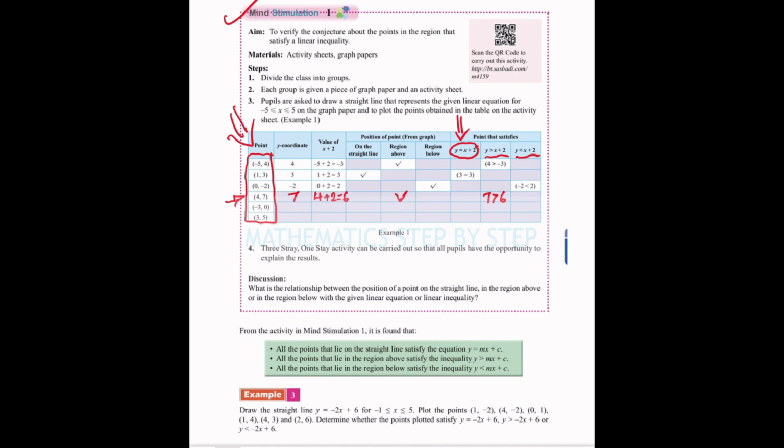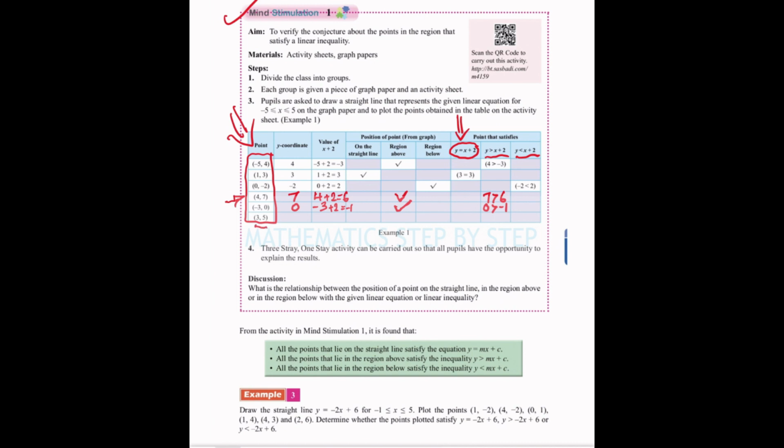Then now, negative 3, 0. So the y coordinate is 0. Then the value of x plus 2 is negative 3 plus 2 equals to negative 1, okay? So we can see that 0 is greater than negative 1, okay? So it satisfies the region above the straight line, okay? Then 3, 5, okay?